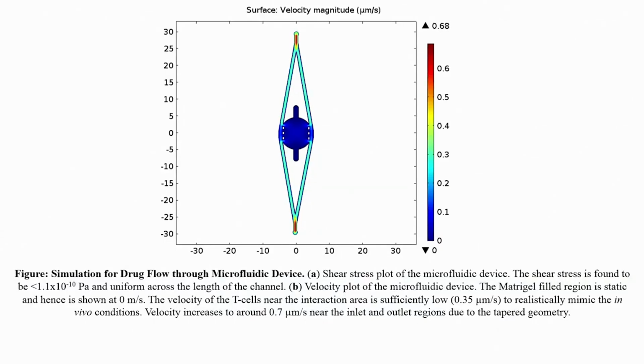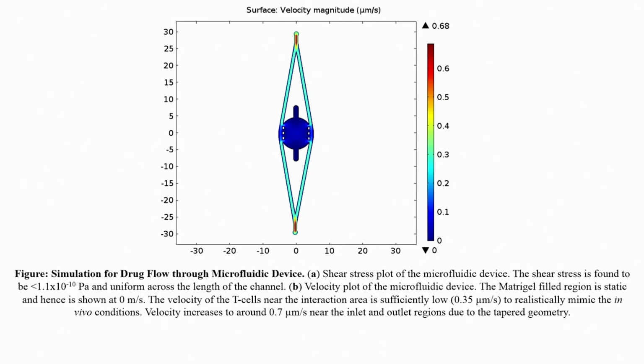the microfluidic chip, and you can see that the shear stress of the microfluidic device is found to be less than 1.1 × 10^-10 Pascal, and is uniform across the length.